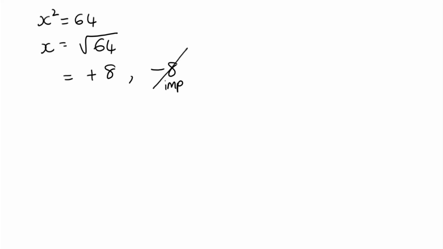So x squared equals 64. So x equals the square root of 64, which is plus or minus 8. It can't be negative 8. That's impossible because you can't get a negative length. So x equals 8. You don't need the plus sign in front of it, but it was just to make it obvious that it was plus or negative.